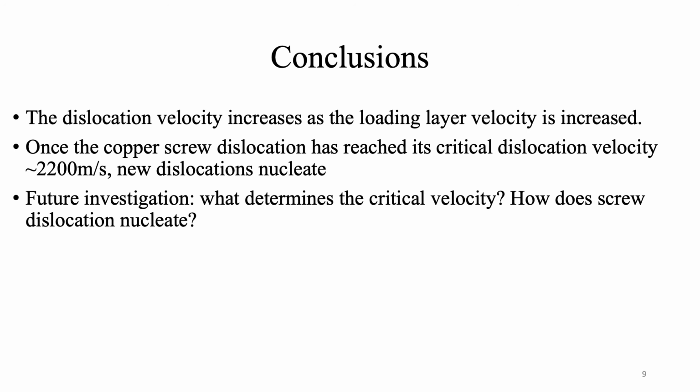Also, once the copper screw dislocation has reached its critical dislocation velocity, around 2200 meters per second, new dislocations nucleate. This provides a good starting point for discussion and further research about what determines the critical velocity and how screw dislocations nucleate. Thank you very much.